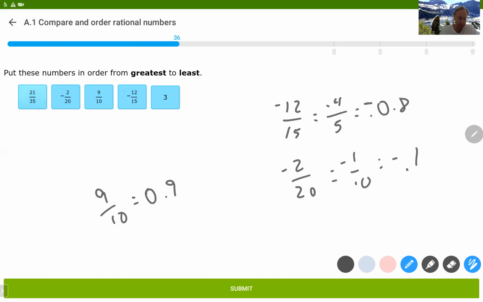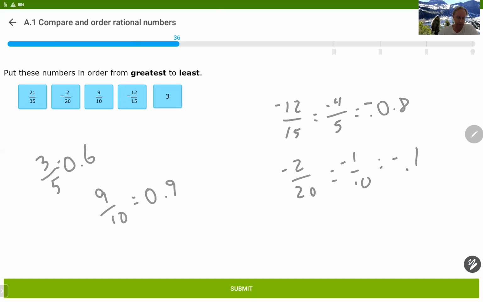And I've got 21 over 35, which happens to be divided by 7, and you get 3 over 5, which is 0.6. So it looks like, let me turn it off. We've got the 3, which is first. Then we want the next bigger one, which is 9 over 10. Then we want the next bigger one, which is the 3 over 5, which is the 21 over 35.